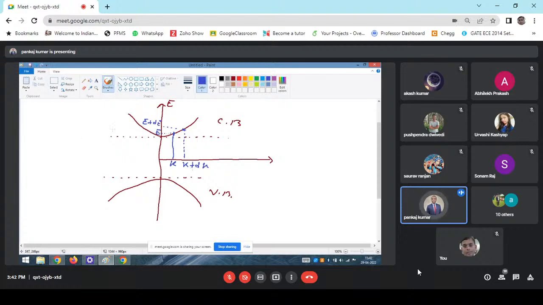So if we take the parabolic approximation of this, the energy level we can define as E equal to Ec plus h squared k squared upon twice of me, where me is the effective mass of electron in the conduction band.